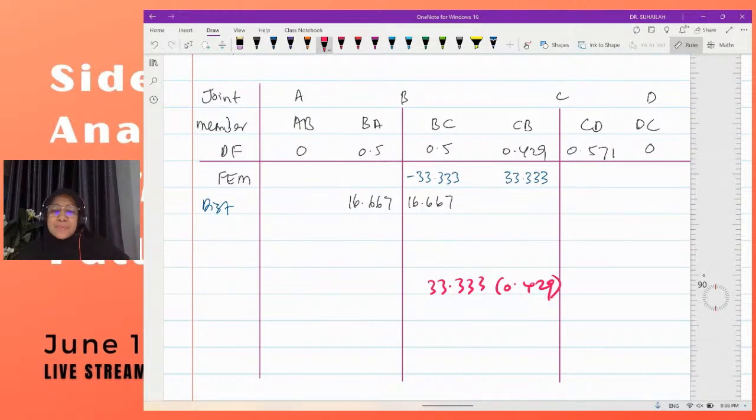What is the answer? This is negative 14.3. The other one is 33.333 times 0.571, which is negative 19.033.